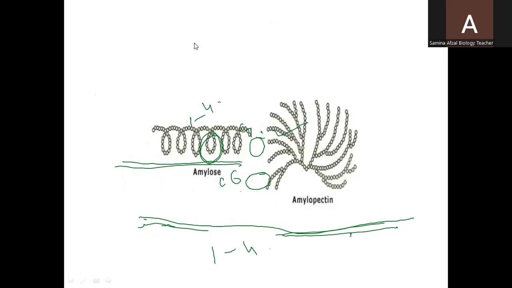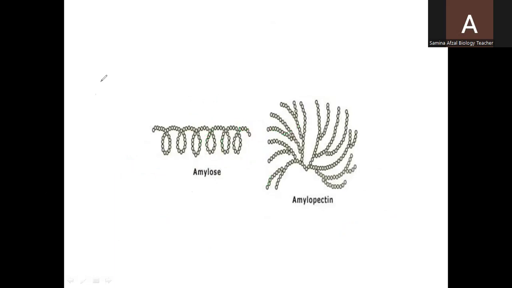So here you can see, if we compare the structure of both of these types of starch, a long chain will curl up and make a helical.